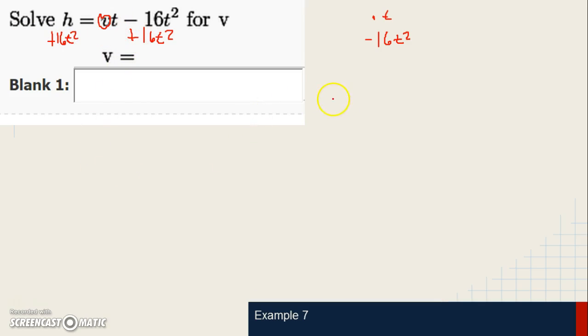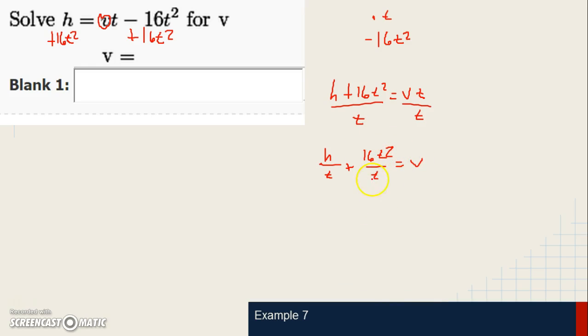And after we've done that, we have h plus 16t squared equals vt, and we just divide by t. So we have h over t plus 16t squared over t equals v.